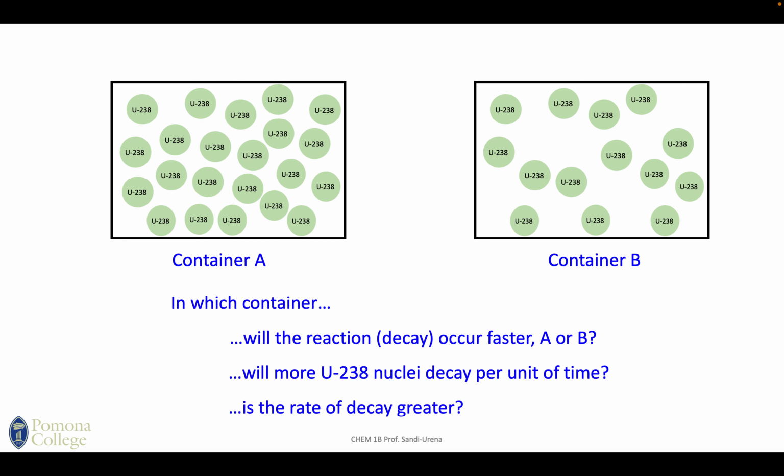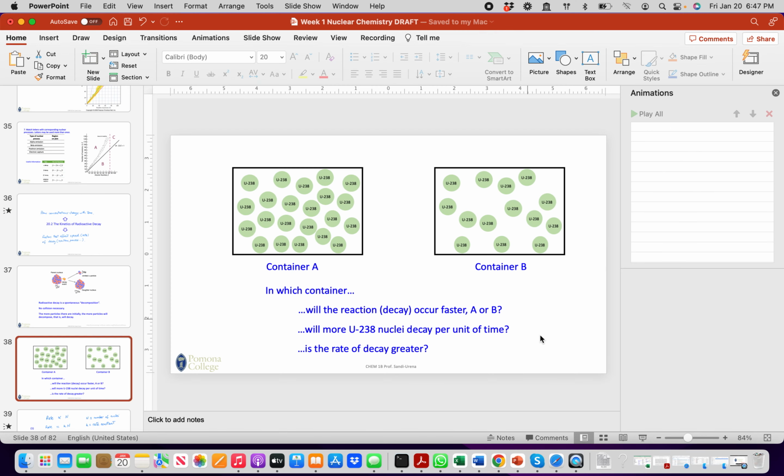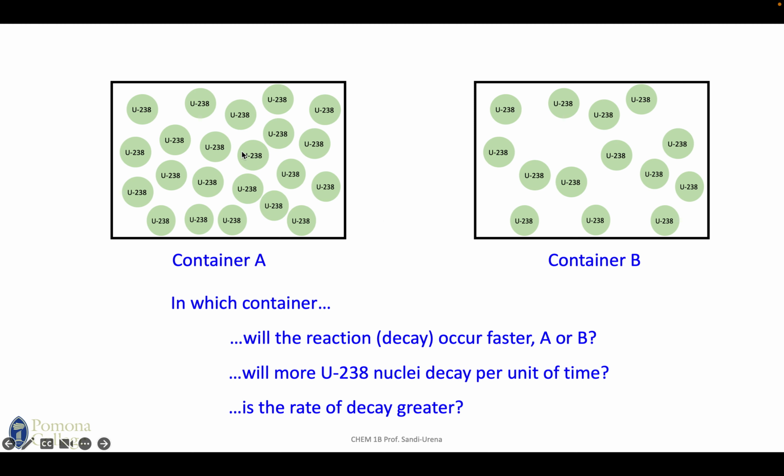In which of these two containers would the reaction happen faster, A or B? Understanding that we're talking about decay processes, that is spontaneous decomposition, most probably you would say the reaction would occur faster in the one that has more particles. That is the same as saying the rate of decay is going to be greater for container A.